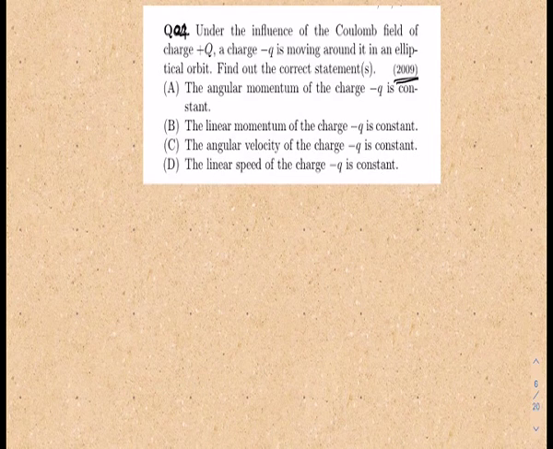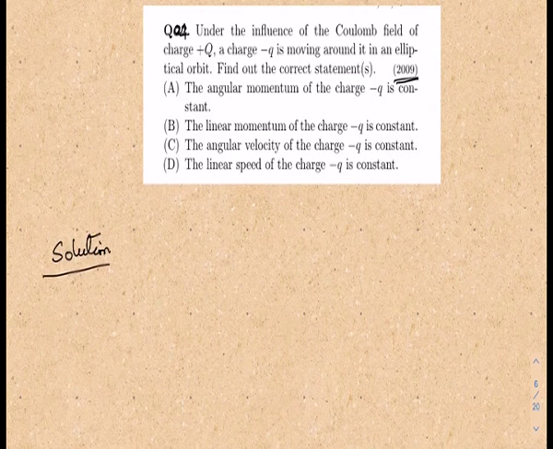Option A, angular momentum of the charge minus q is constant; the linear momentum of charge minus q is constant; the angular velocity of charge minus q is constant; and fourth option, linear speed of charge minus q is constant. Okay, let us do this problem.